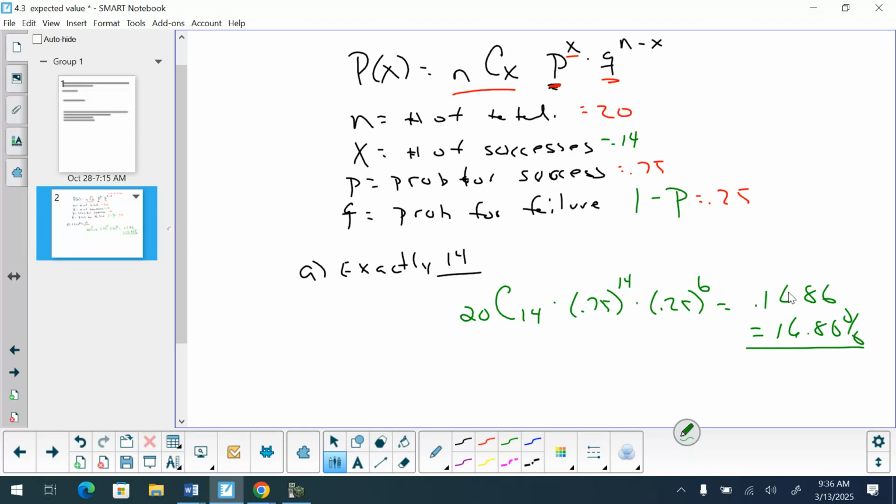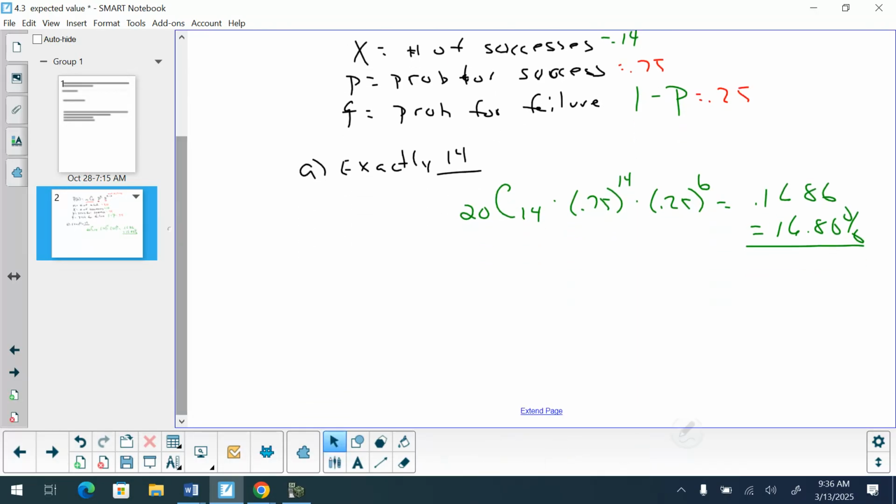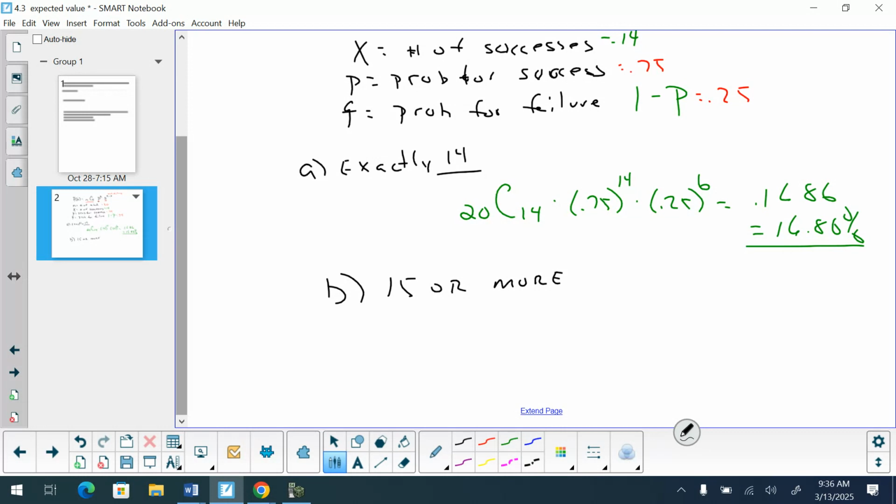Now, if we look at problem B in the same section, it says 15 or more. Okay?